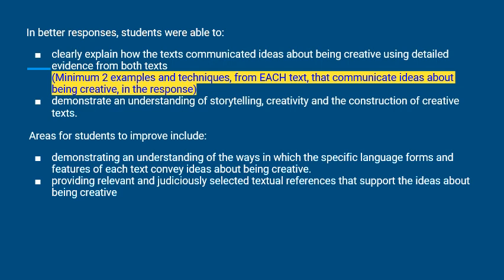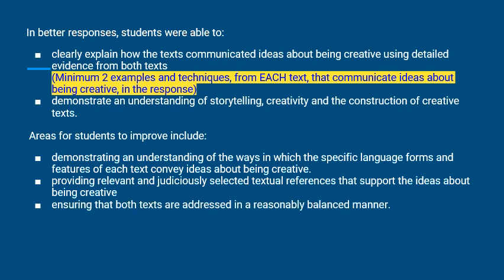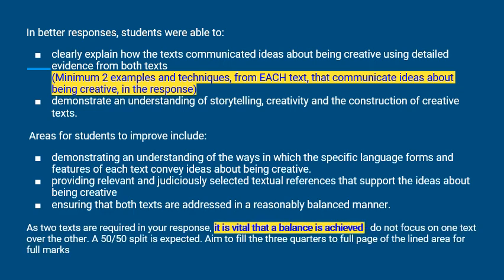So again, linked to that, it says where students need to improve is providing relevant and judiciously selected textual references that support the ideas about being creative, and ensuring that both texts are addressed in a reasonably balanced manner. Now, because this is a comparative and there are two texts in there, it is vital that a balance is achieved.